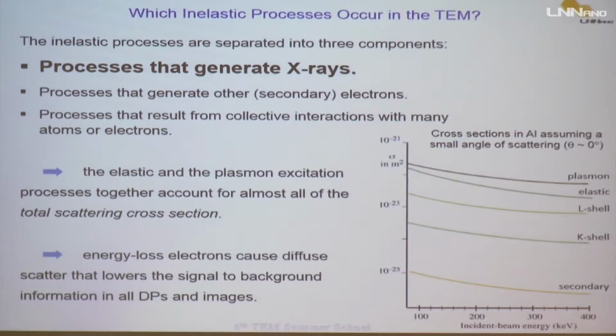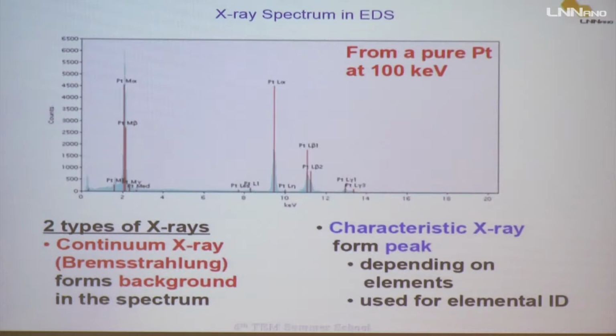And you can see very easily that we have a very high probability of having this kind of event. So it's interesting for us to try to detect the signals that are generated here, and we will get compositional, elemental information about our specimen, okay?